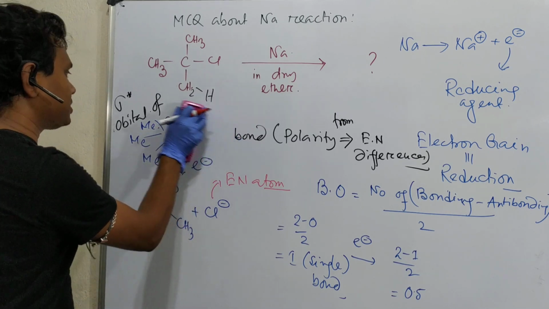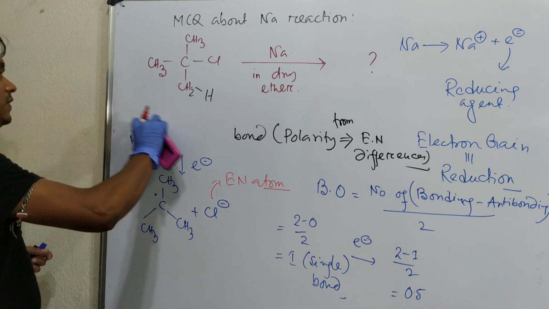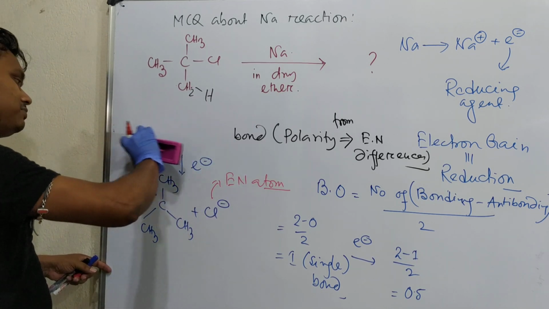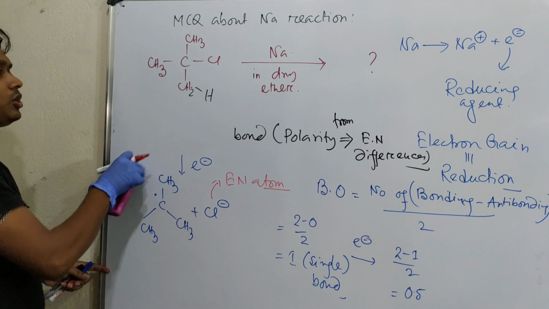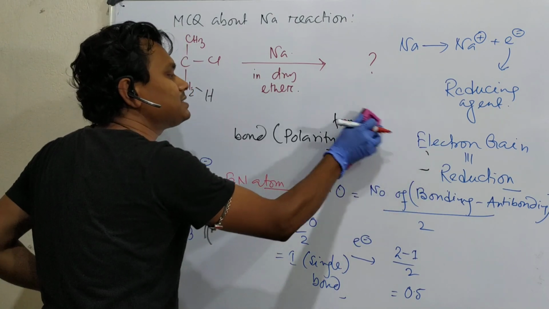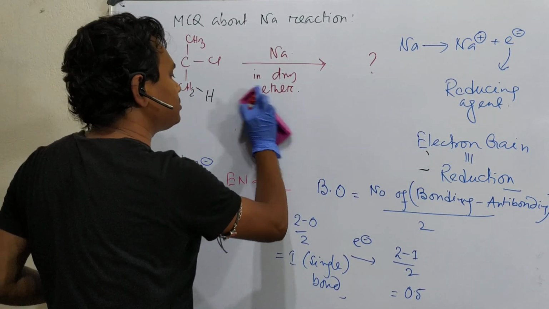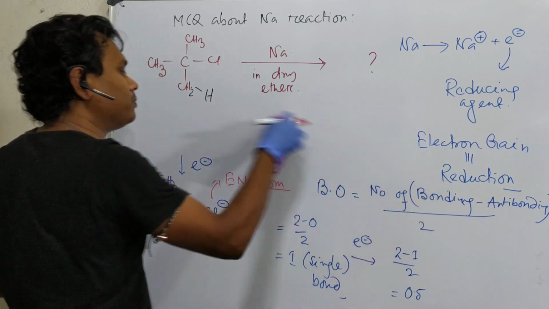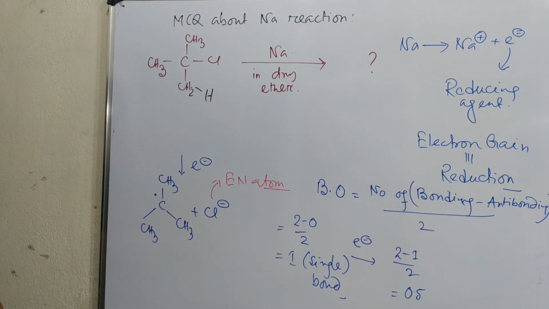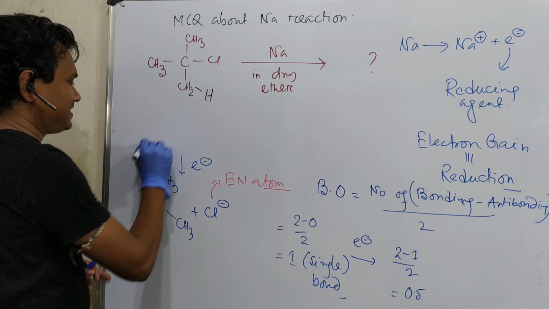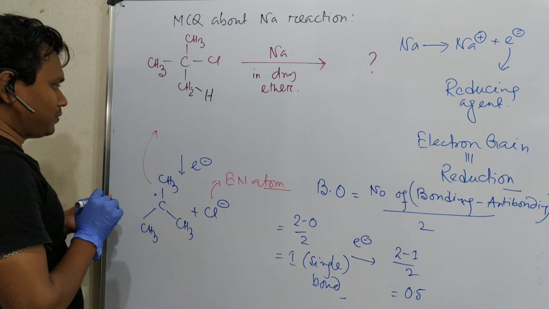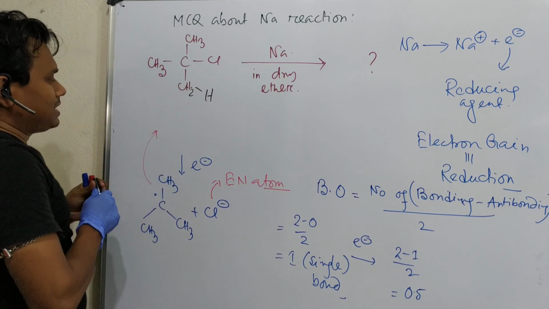Now a simple question comes: if something is produced as an intermediate, there should be some logic for why it is stabilized. So now we have to discuss the stabilization of this radical. Can you guess why this is stabilized? Hyperconjugation. What do I mean by the statement?